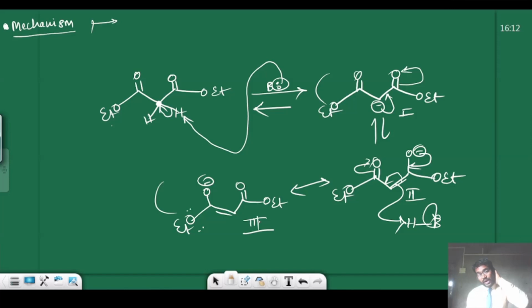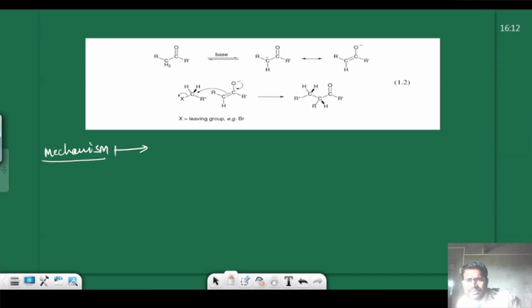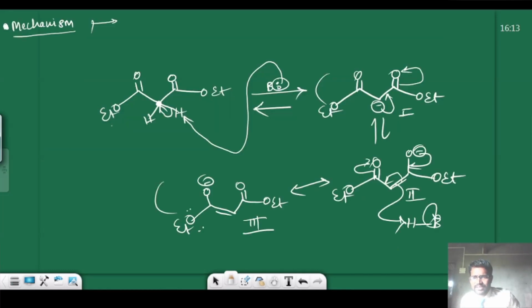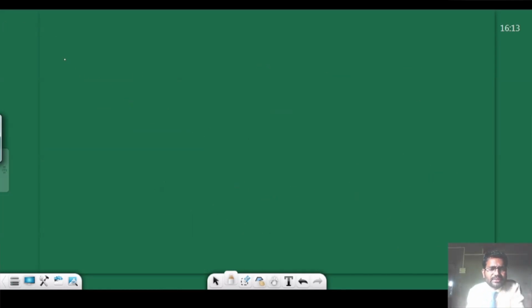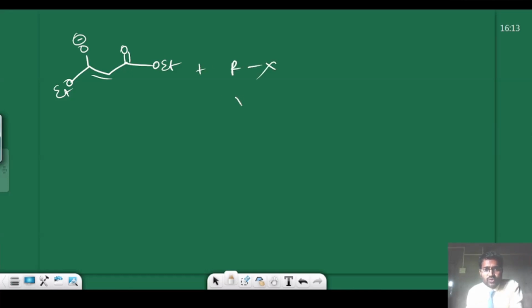Now we have generated the enolate system. When these enolates, OEt, double bond O minus OEt, are treated with alkyl halides, where X is bromine, chlorine or iodine, which is a good leaving group, what will happen?